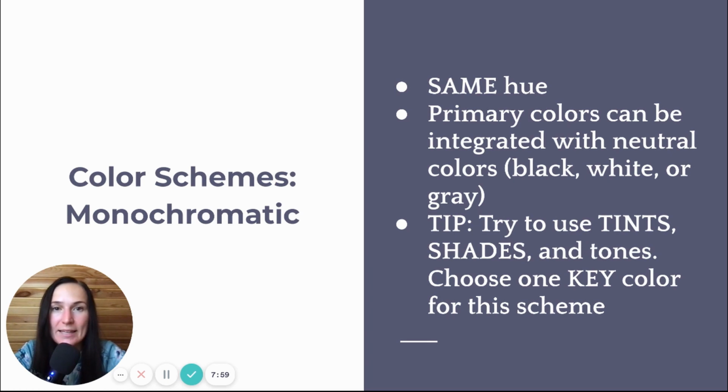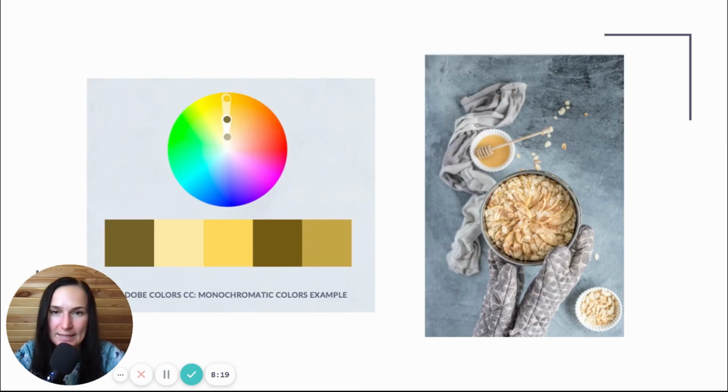So monochromatic is where you have the same hue. Primary colors can be integrated with the neutral colors, black, white, or gray. The little tip here is that you can try to use tints, shades, and tones and choose the key color for this scheme. They are on the color wheel here, as you can see.